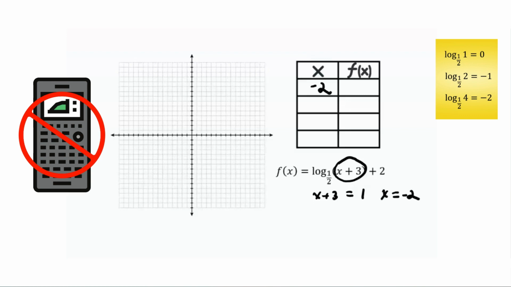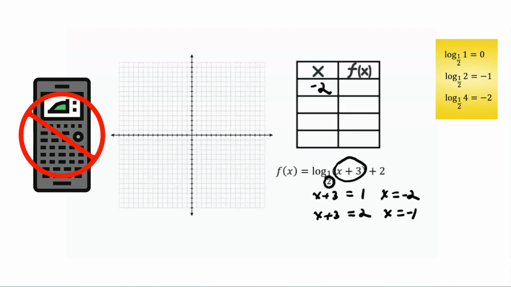All right, so again, when we have a fractional base, we want to look at the denominator, and we want to use powers of 2. So 2 is a power of 2 to the first power, so if we set x plus 3 equal to 2 and solve for x, we get x equal negative 1.